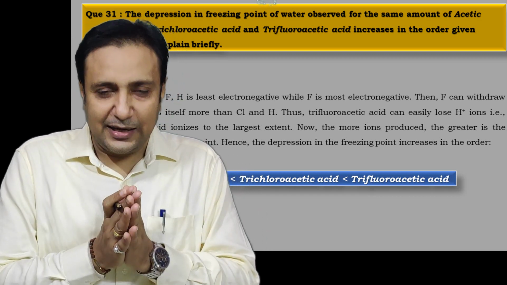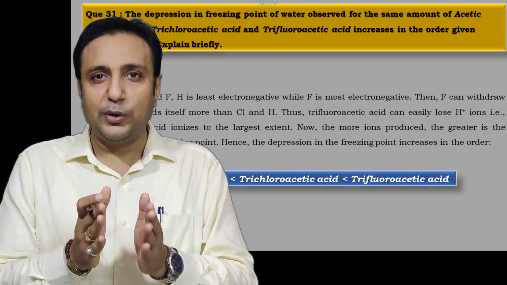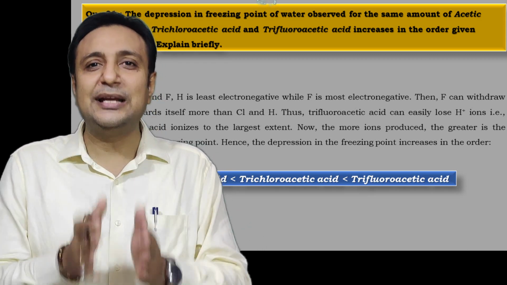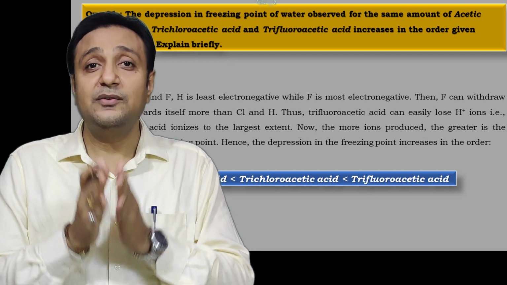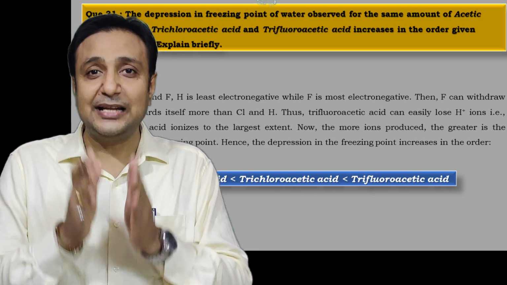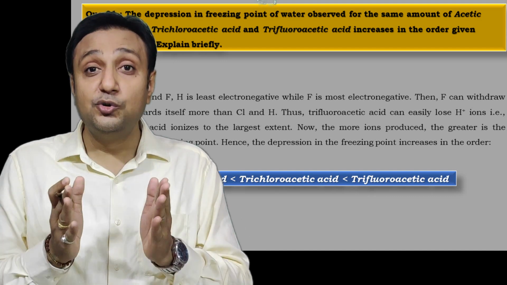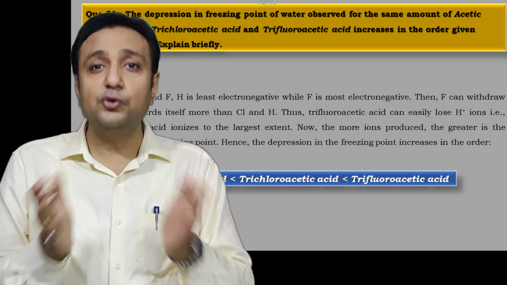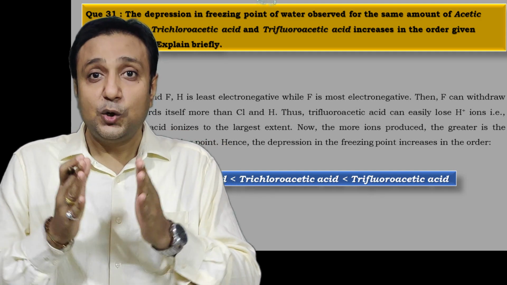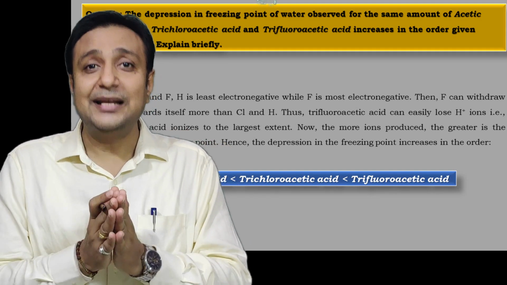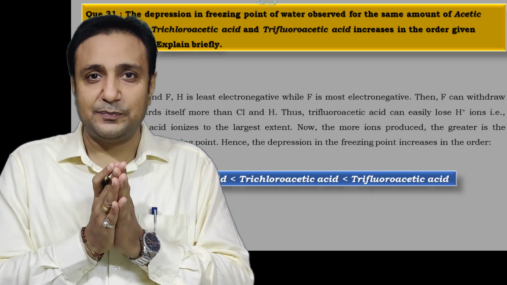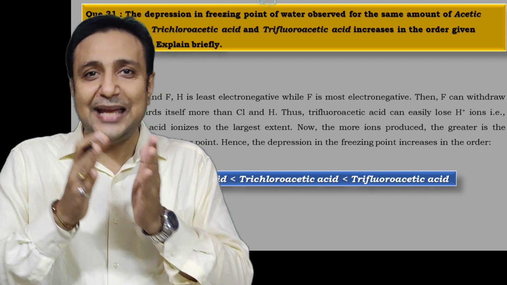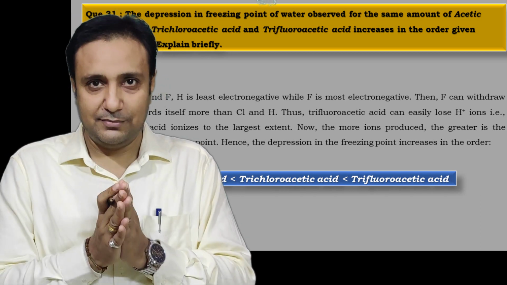Among hydrogen, chlorine and fluorine, hydrogen has the least electronegativity and fluorine has the highest electronegativity. Due to the highest electronegativity of fluorine, it produces ions quickly, while hydrogen does not produce ions as quickly as fluorine and chlorine.